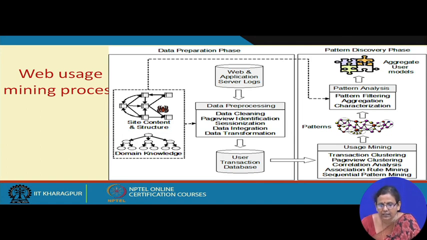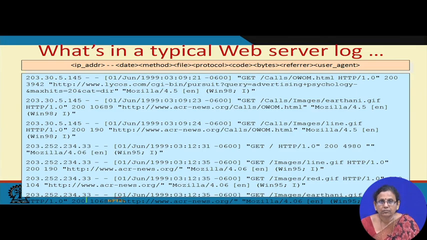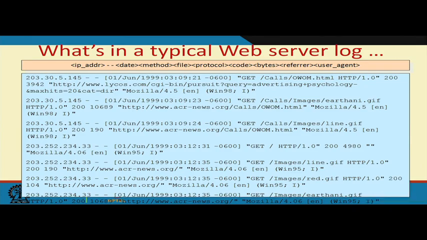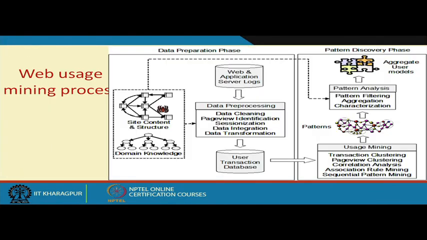Then data integration, as I was telling, from various sources data will come. Then is your data transformation, bringing this text data that you saw just now into a form so that some processing is possible, possibly putting it in a database.